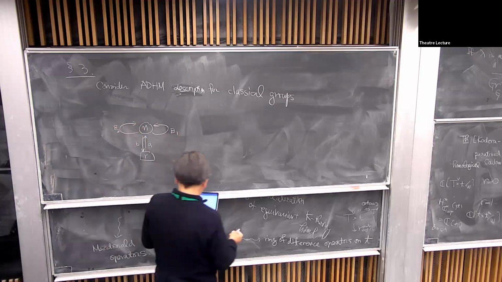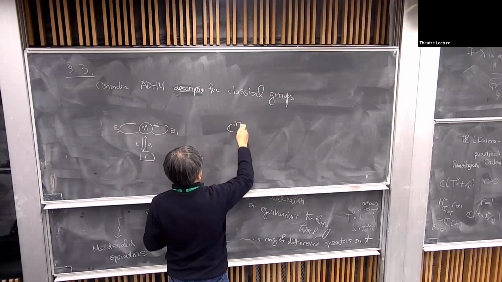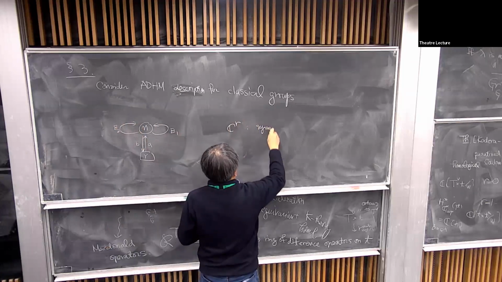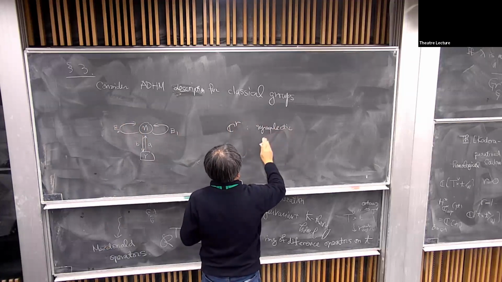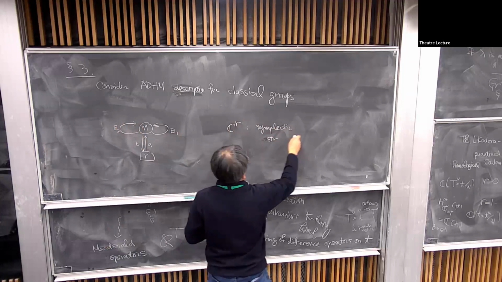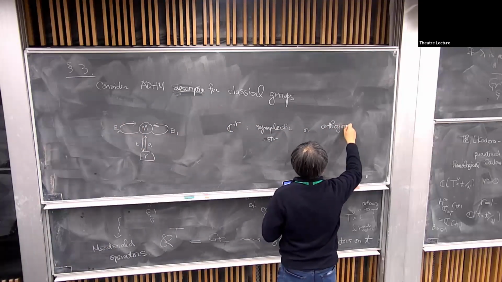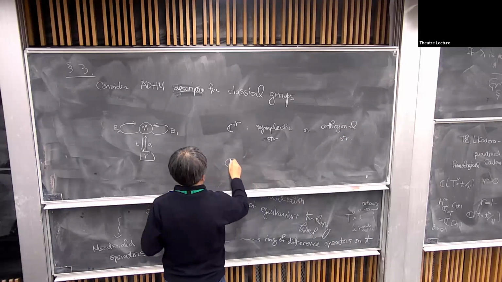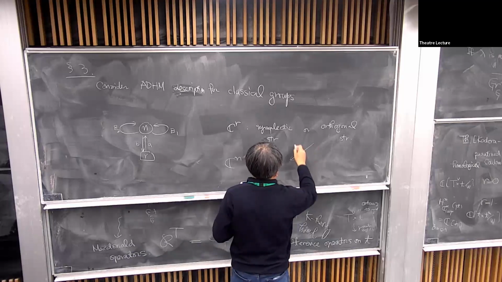We put C^r with a symplectic structure, or orthogonal, for the orthogonal instanton. And on C^n, we put the opposite one.